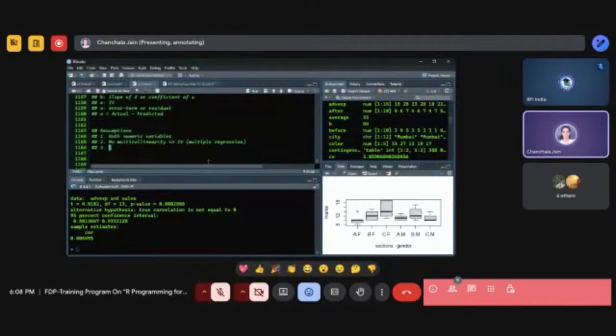Then you need to check the normality of residuals. Your residuals should be normal, right? The fourth one says residuals should be independent of each other.